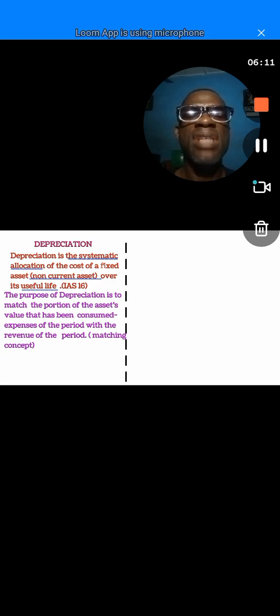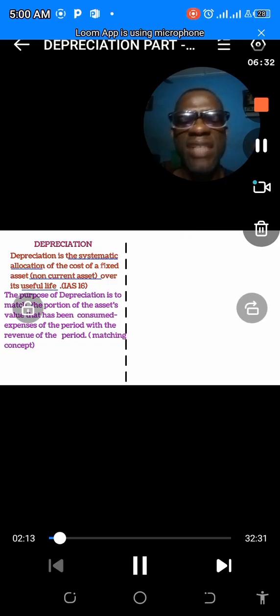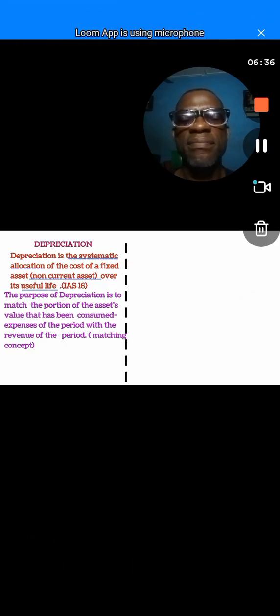Now, what are fixed assets? Fixed assets are assets of material value. They are assets of material value which are of long life.